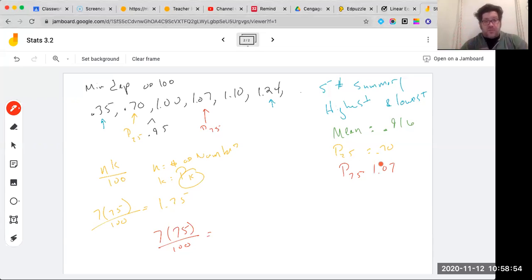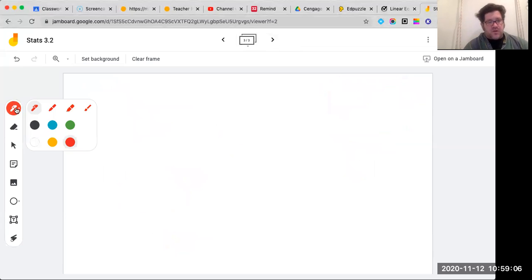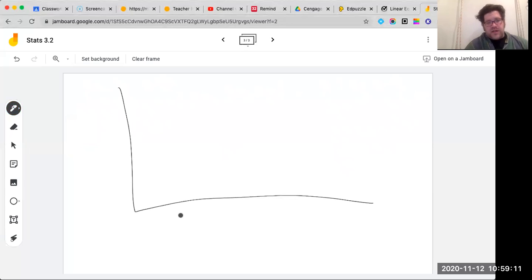So to do our box plot, a box and whiskers, I'm going to go over here and make a grid. Down here I'm going to do my 5, 10, 25, 50, 100. And then up here I would make all of the decimals that I'm using.